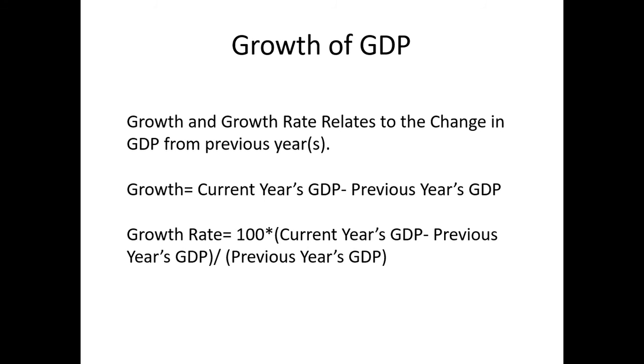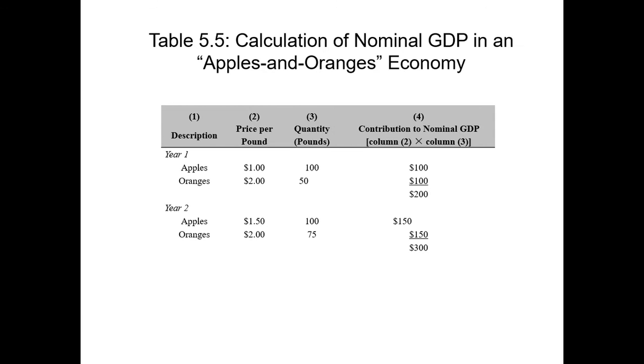Now, as you remember, in the product approach we have already understood that GDP is always price into quantity. For example, take an economy where only apples and oranges are produced, a hypothetical economy just to simplify things.